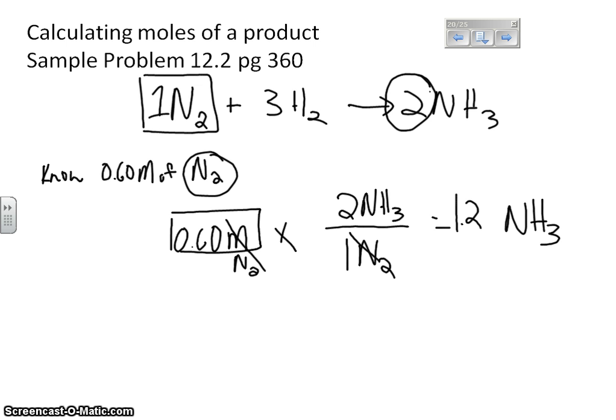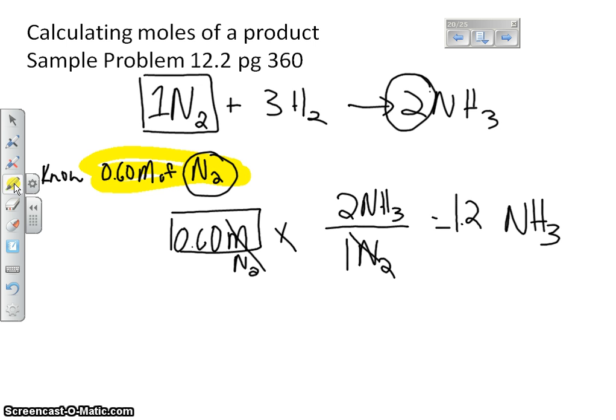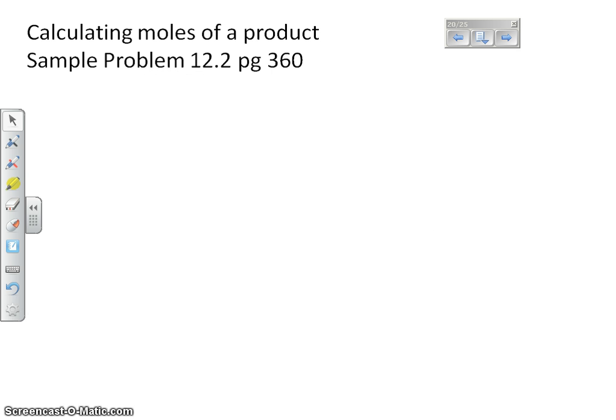So you take what is given, what you know, and you put that right here, and you put that right here. Now what you're trying to solve for goes here and here. And then you just plug in the ratio.